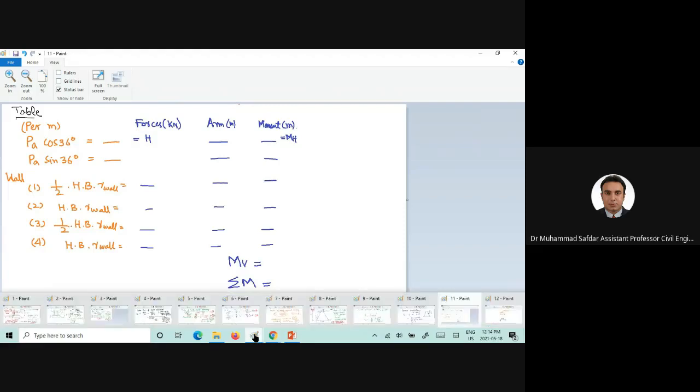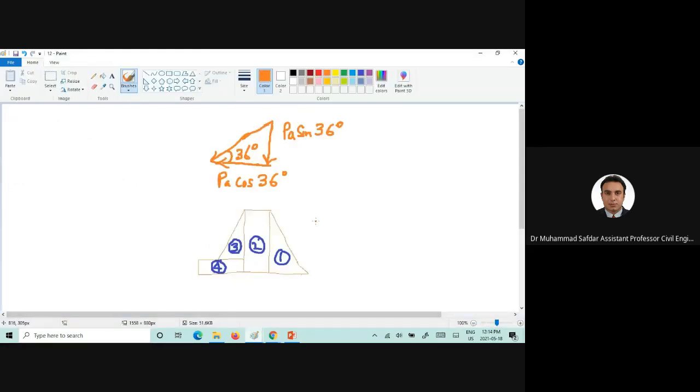Now I will give you a hint here, that we can get the horizontal and vertical components from this lateral thrust. Now the horizontal force would be equal to PA cos 36 degrees, and this would be the vertical component of the resultant R. Okay, our R, I would call it PA.